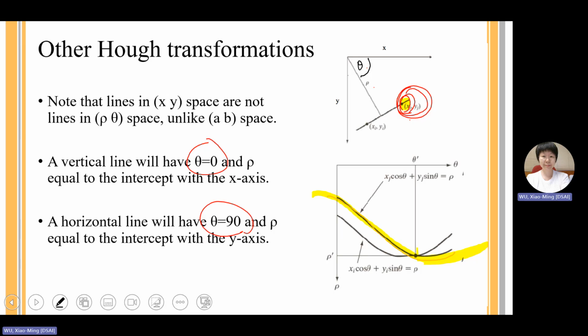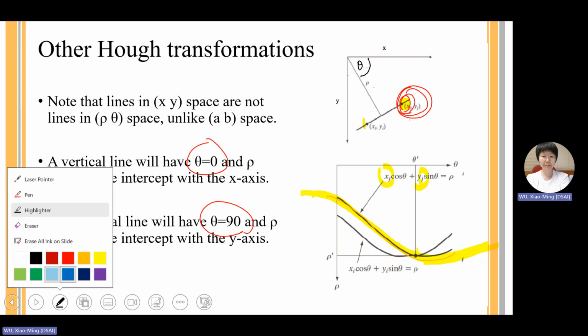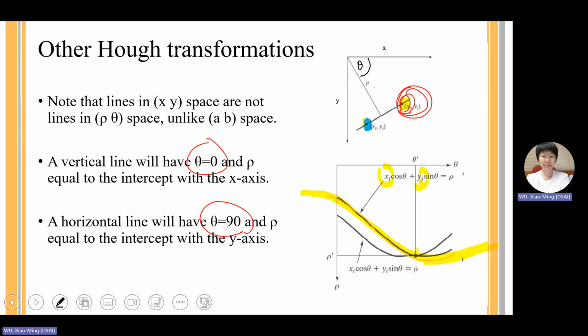And xi yi, this point corresponds to another curve in the rho theta space. Their intersection in the rho theta space corresponds to the parameters of this line in the xy space, rho theta.